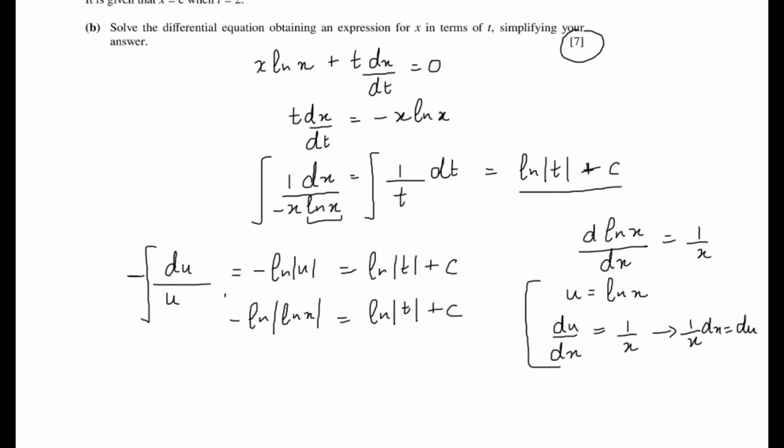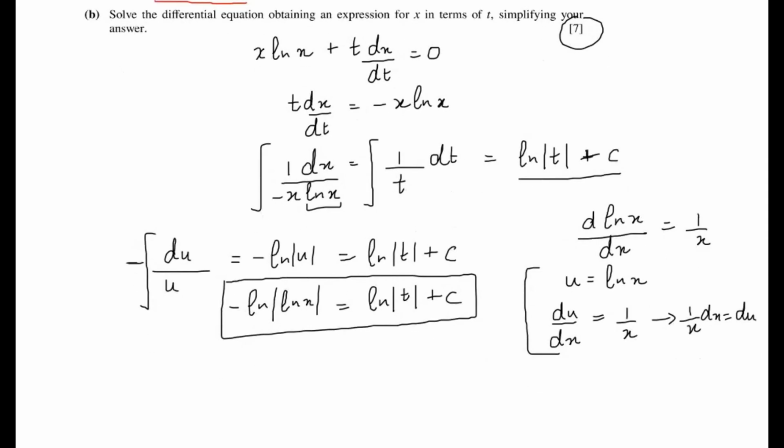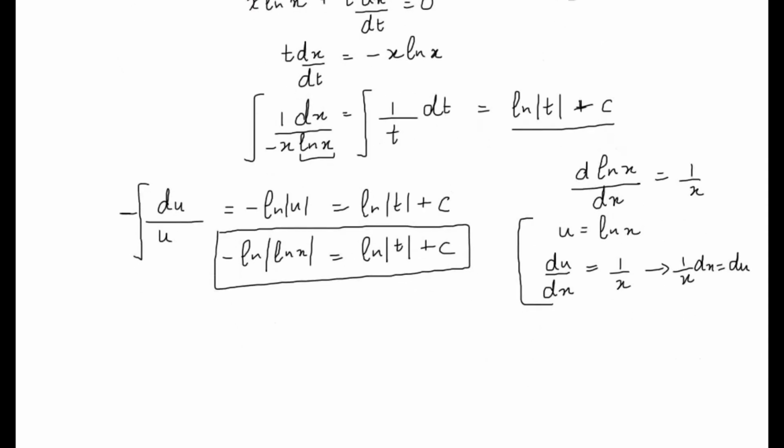This is the general solution, and as always, we have to now find the particular solution by finding the value of c. For that, they have given us x equal to e when t equals 2. So x equals e, t equals 2.